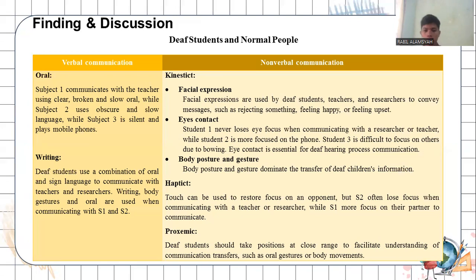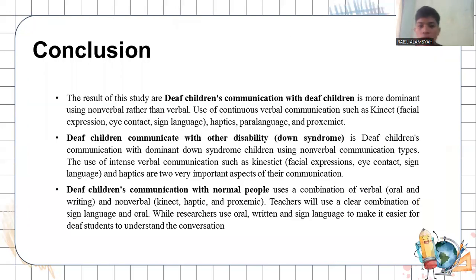And the last one is proxemics. The deaf students should take positions at a close range to facilitate understanding of communication transfers, such as oral gesture or body movement.